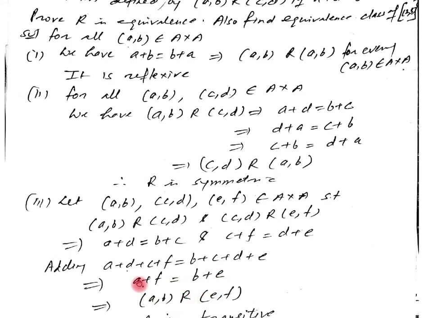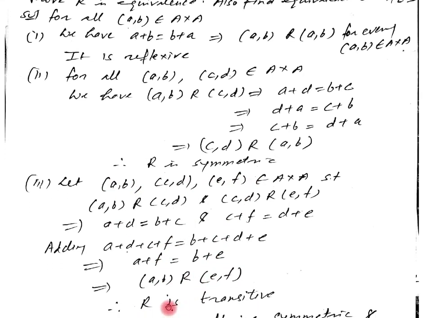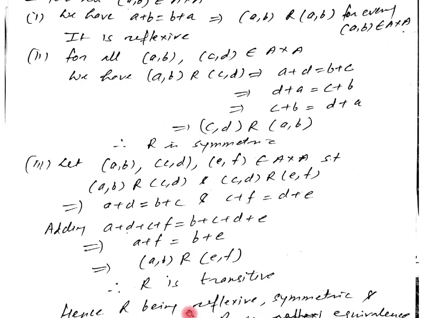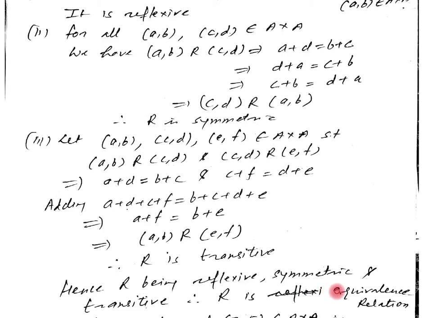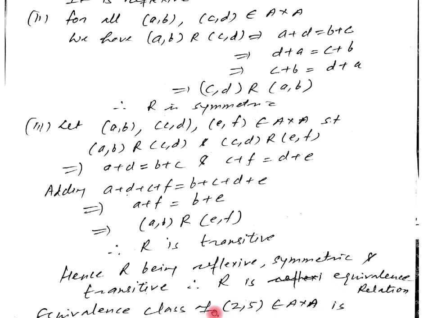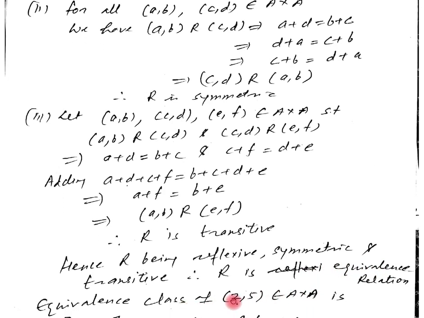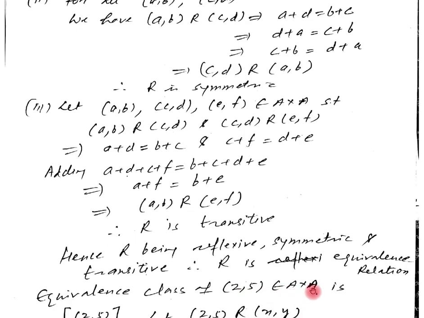So it means (a, b) related to (e, f), that we want to prove. Therefore R is transitive. Now R being reflexive, symmetric and transitive, therefore R is an equivalence relation.